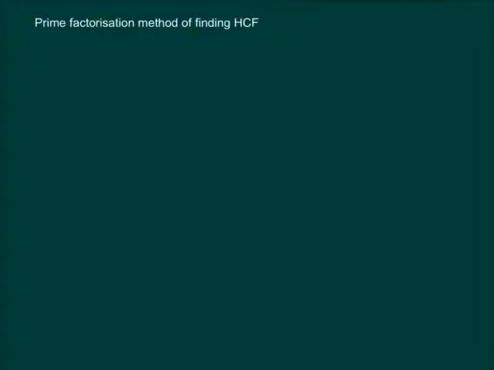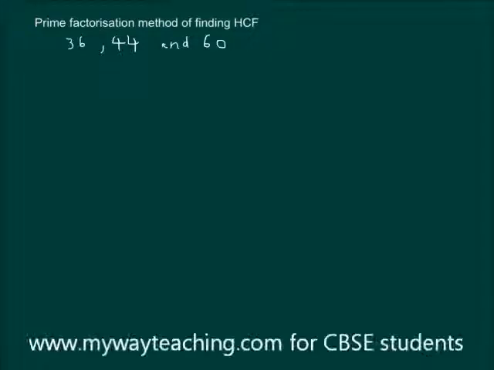Another method of finding the HCF is the prime factorization method. Now suppose we have to find HCF of 36, 44 and 60. What we will do is, we will prime factorize each of these.